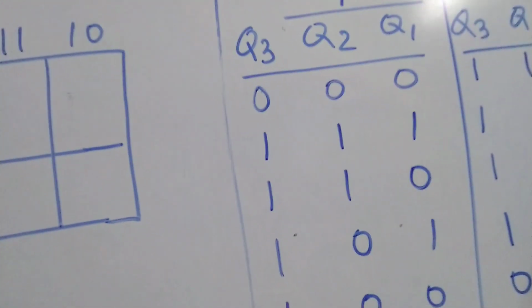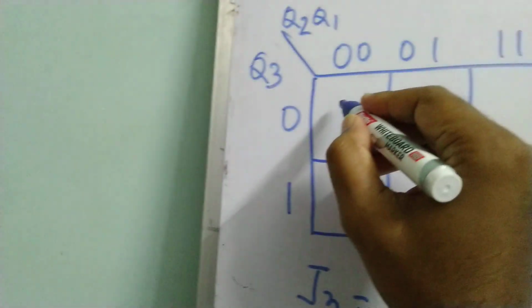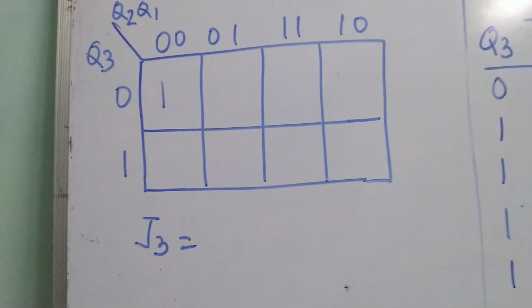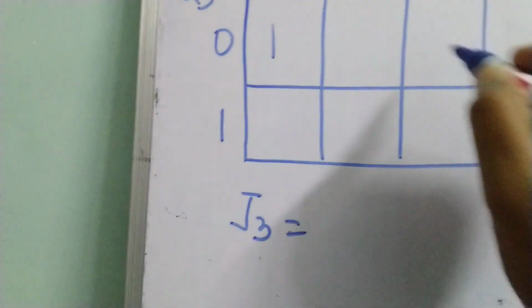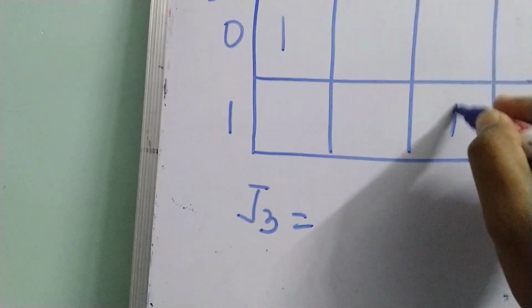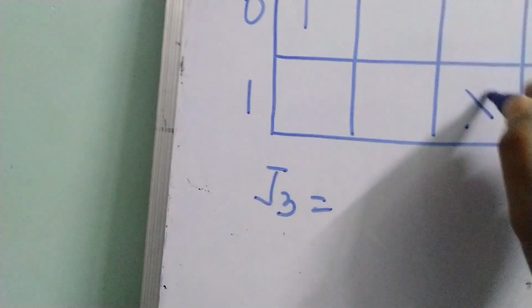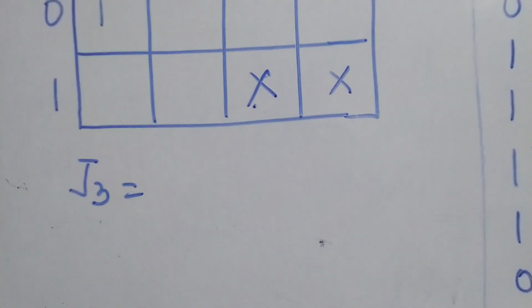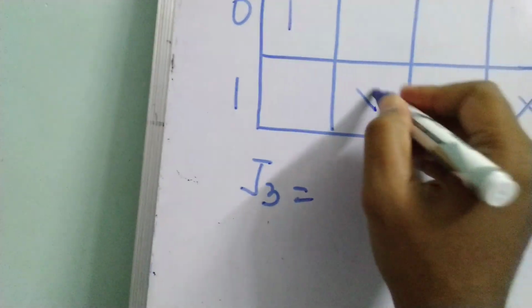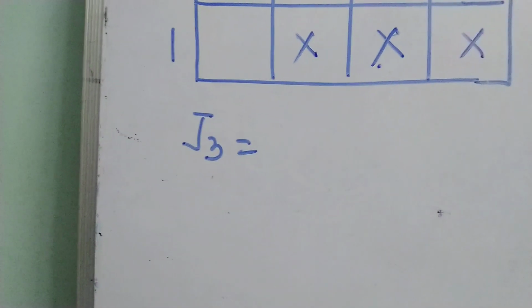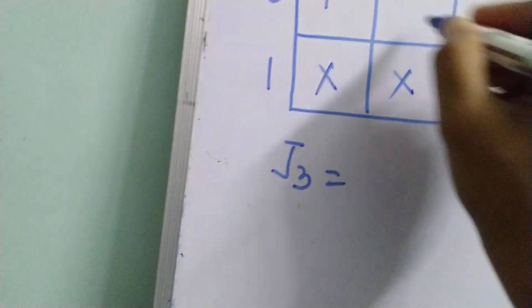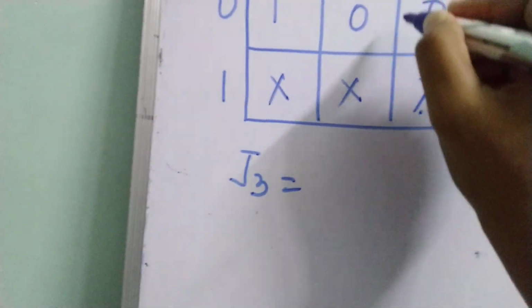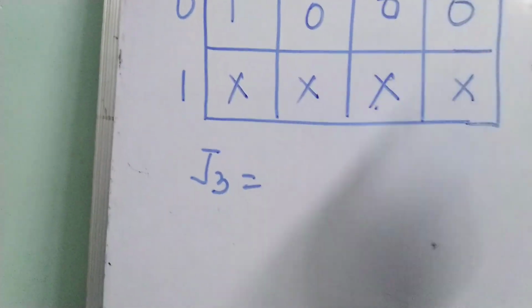From the K-map, there is 1 for 0 0 0, then don't care for 1 1 1, don't care for 1 1 0, don't care for 1 0 1, don't care for 1 0 0, and the remaining cells are 0.